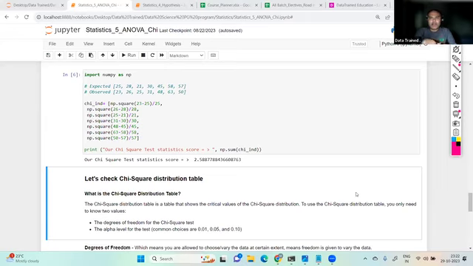Please revise this because we are going to use these concepts in machine learning. In the next class, next week, we are going to start with machine learning, the core, the main part.